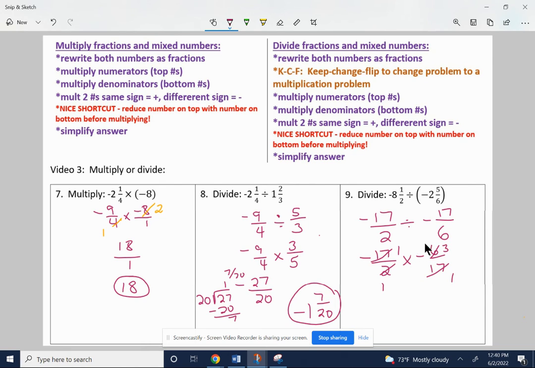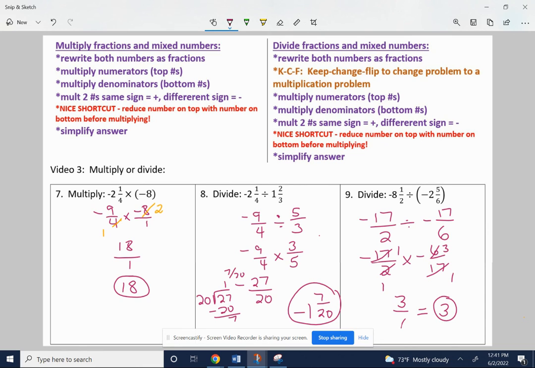Now I can multiply the tops. This is a -1 times a -3. The signs are the same, so it's +3. On the bottom, I have 1 times 1, which is 1. So my answer is 3 over 1, but 3 divided by 1 reduces to 3.